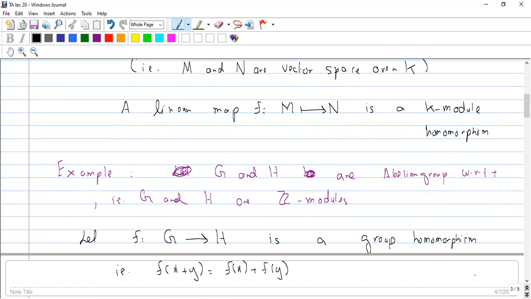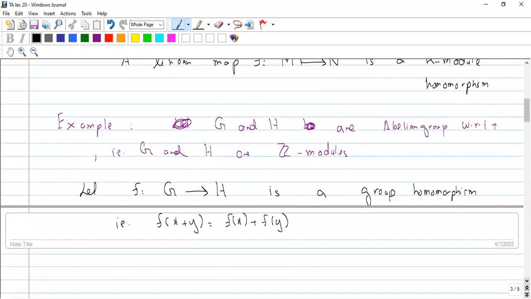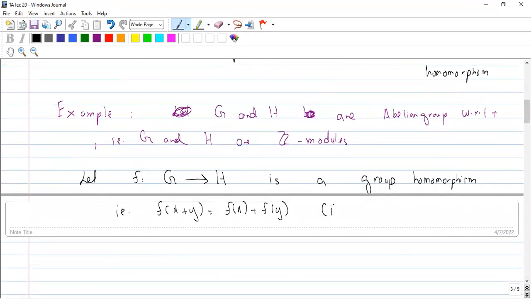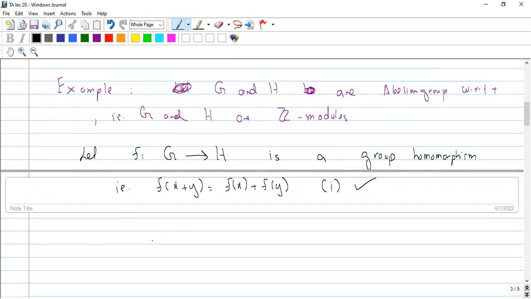Then condition one already holds, because I am assuming that this is a group homomorphism. Now for condition 2, you can check by multiplying n with x, and this condition holds for all x, y in G.